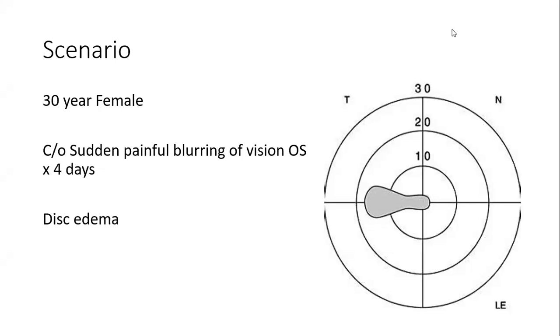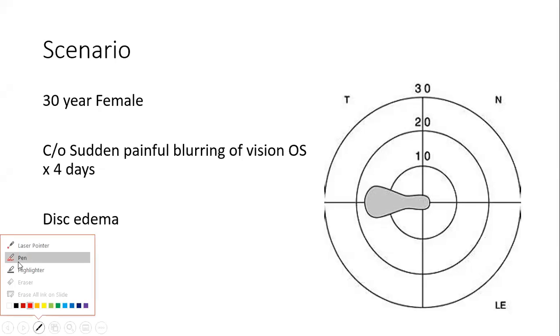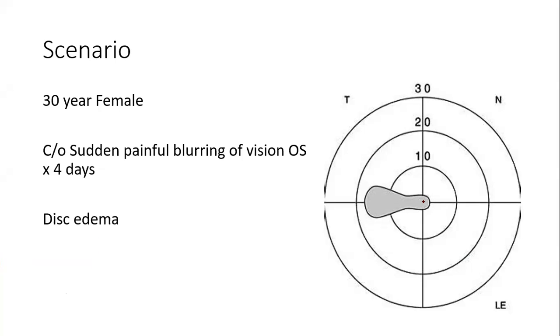Okay. So sectoranopia will be like this. So that would be a sectoranopia. Here this is the temporal side and this is the nasal side.